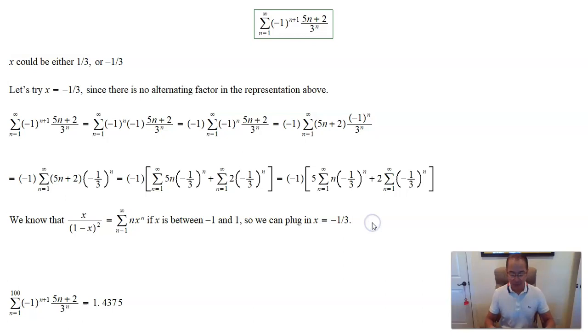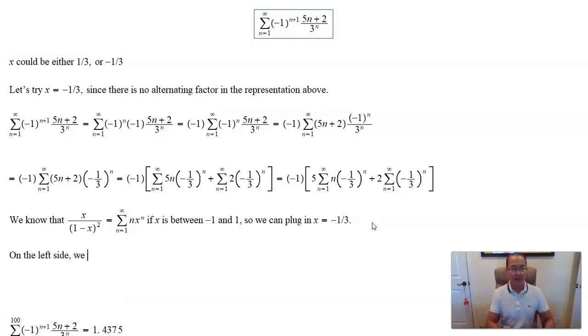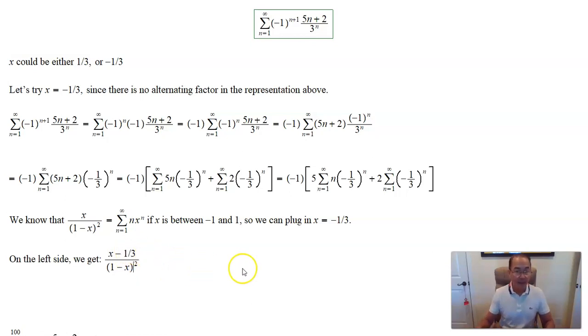So on the left side, we get, plug in minus 1/3. So in the numerator, we get minus 1/3. And in the denominator, we're doing 1 minus x. So minus 1/3, we get 1 plus 1/3. Okay, so oops, that x should be gone.